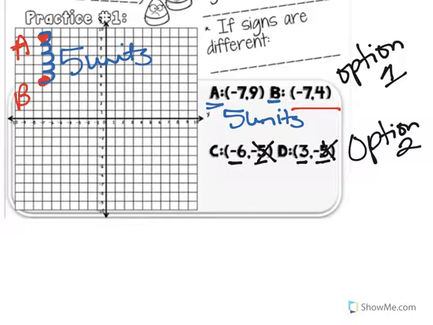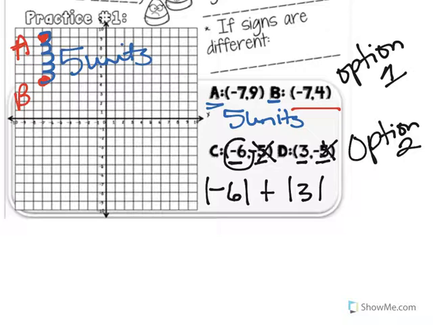All right, -6 and 3 are in different quadrants of the coordinate plane. So that means to find the distance, we're going to add the absolute values. So we have the absolute value of -6 plus the absolute value of 3. Remember, an absolute value is the number's distance from 0 on the number line.